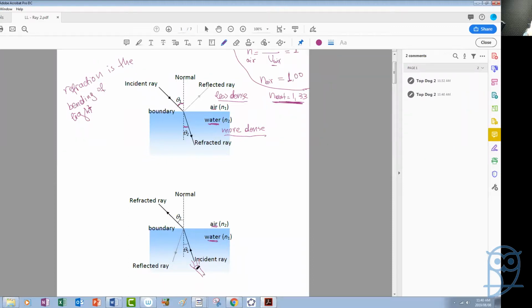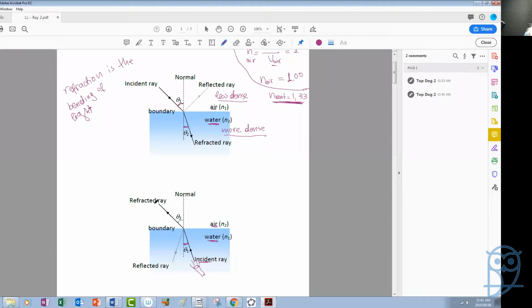So light in this case falls from within the water, meets the boundary between the two media and then bends away from the normal. This is the incident ray, and this is the angle of incidence, theta 1.